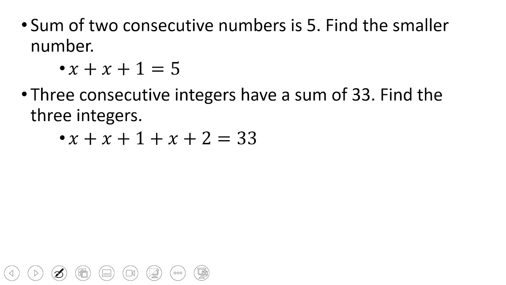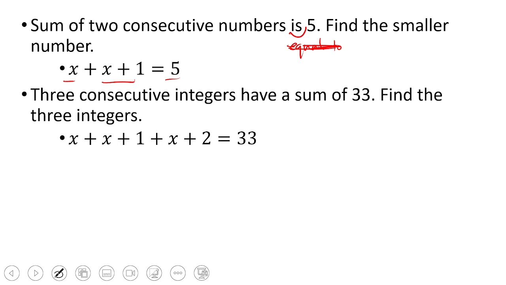Implicitly, we have here equality. Even if we do not have an explicit declaration of equality, we understand that it means equality. So here we have x plus x plus 1 is equal to 5.